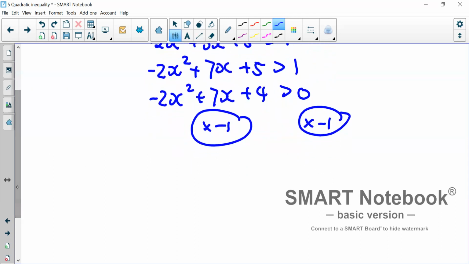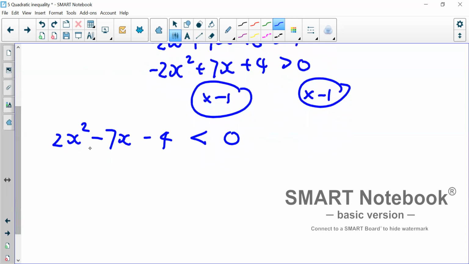If you do choose to do that, you have to be very careful that when we multiply or divide an inequality by a negative number, we have to switch the inequality sign. So let's do that. We end up with 2x squared minus 7x minus 4. Switch the inequality sign, so it will be less than 0. Okay, now let's factorize the left-hand side.